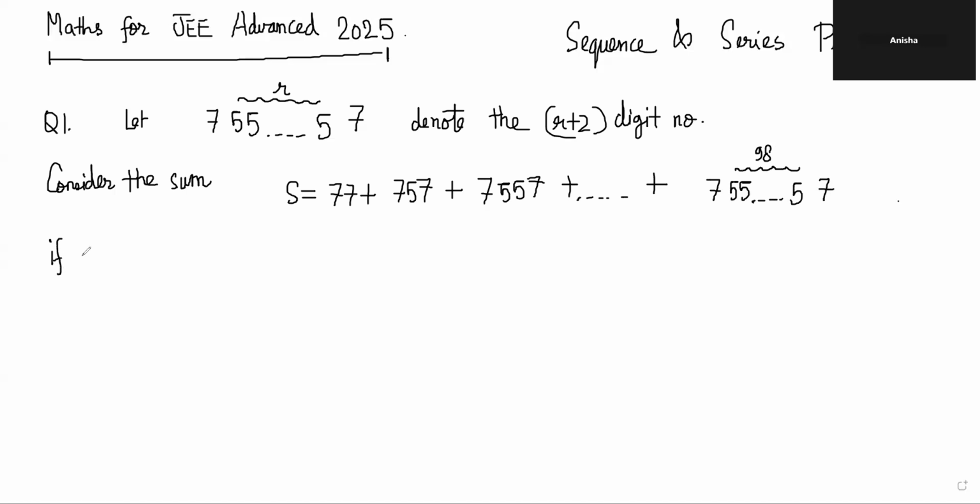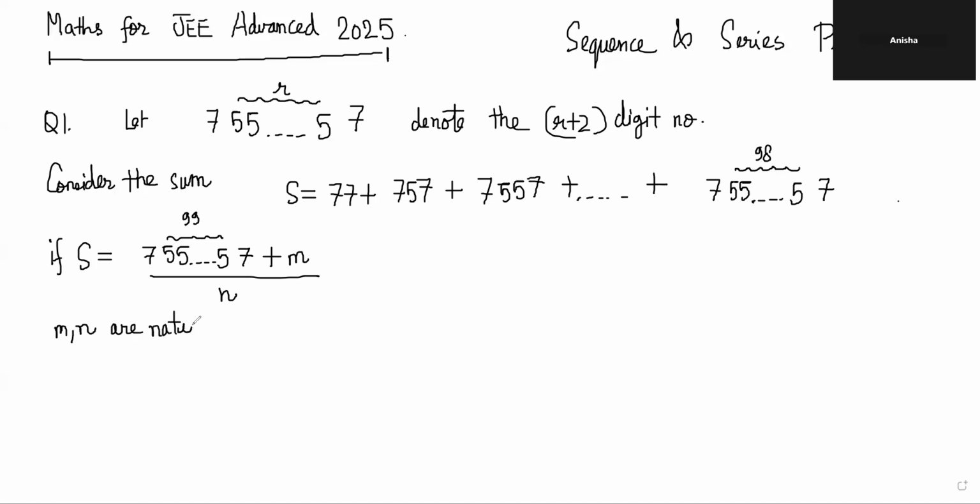Now, if S is equal to 7 5...5 7 with 99 fives, plus m by n, where m and n are natural numbers less than 3000, find m plus n. JEE Advanced 2023.